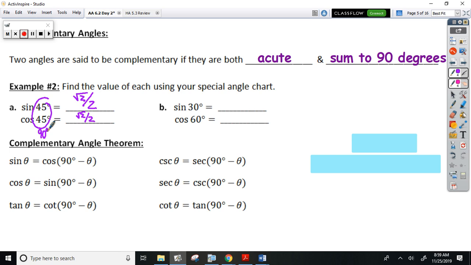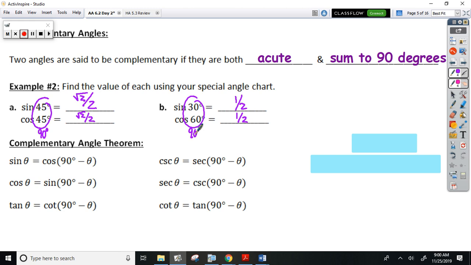Let's see if the same thing happens for another pair of complementary angles. So find the sine of 30, which is 1/2. Then go find the cosine of 60. 60 cosine 1/2, okay? So anytime the angles add up to 90, the sine of one angle will be equal to the cosine of 90 minus that angle.